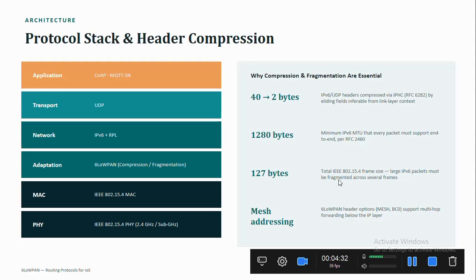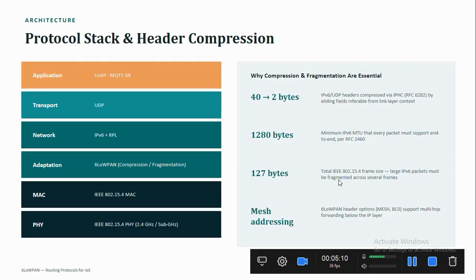And here it gives compression and fragmentation, which are very essential parts. 40 down to 2 bytes: the IPv6 and UDP headers are compressed via IPHC, RFC 6282, by eliding fields that are inferable from link layer context. Then 1280 bytes is the minimum IPv6 MTU that every link must support end to end per RFC 2460.